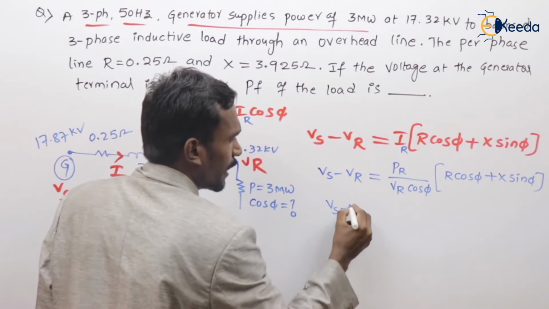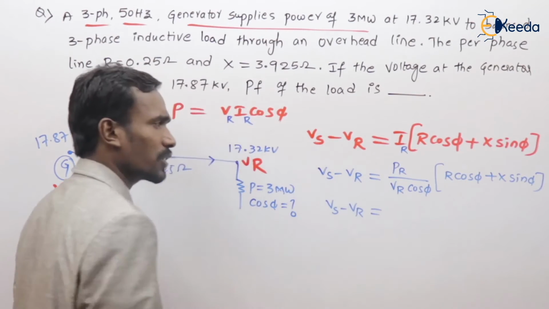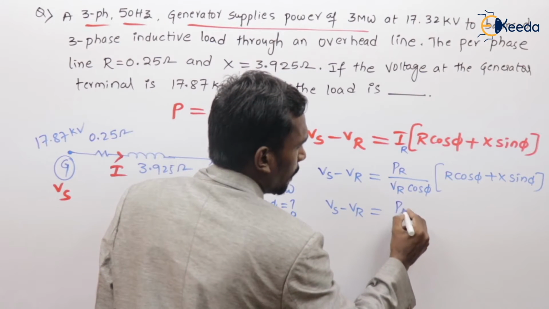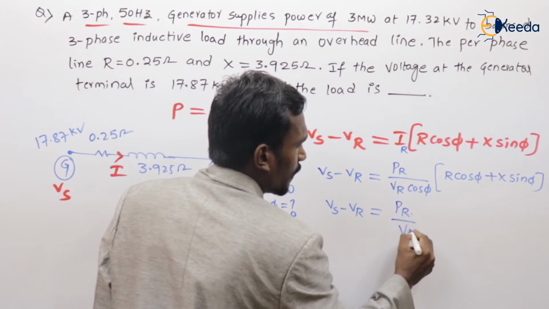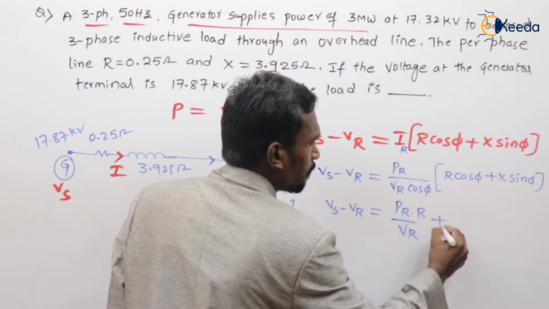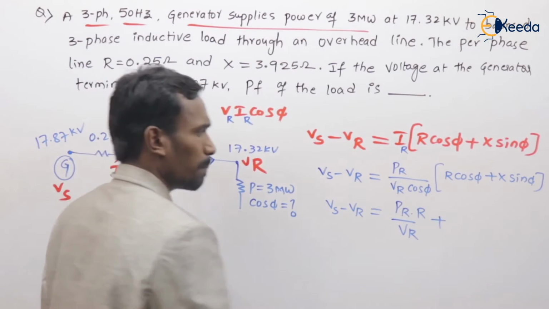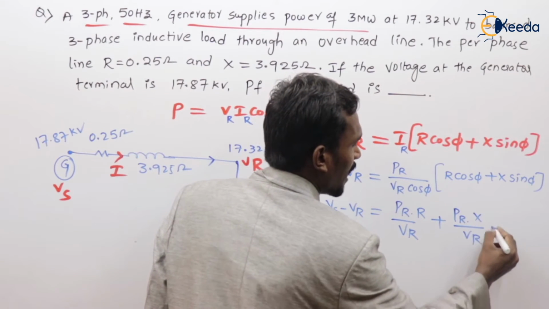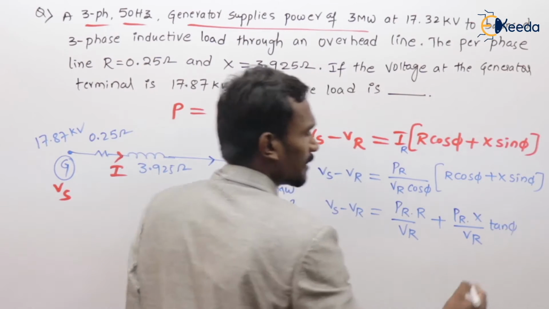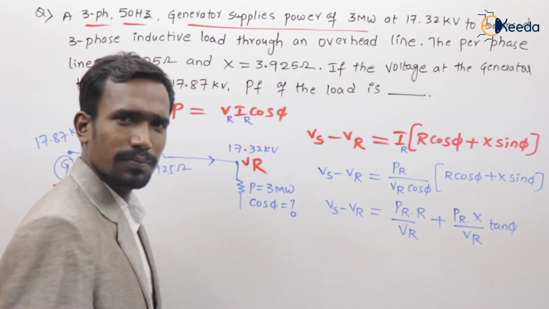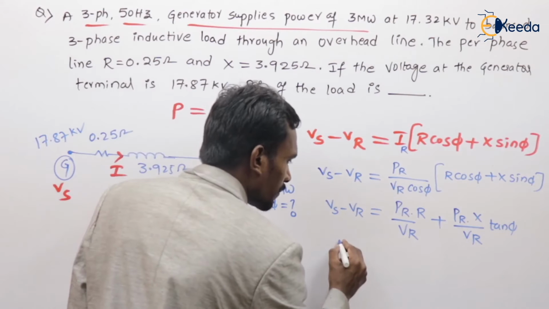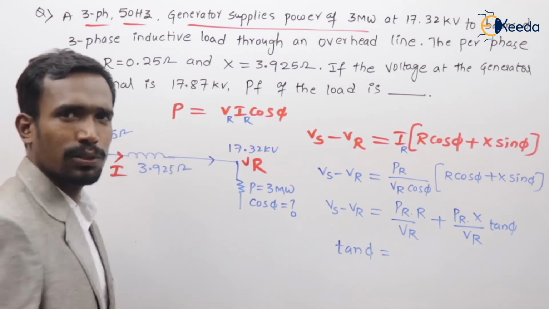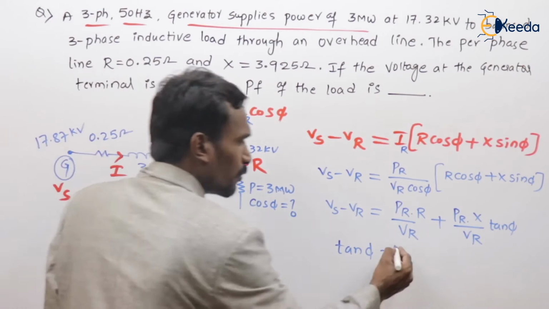Nothing but Vs minus Vr is equal to PR by Vr into R plus PR into X by Vr tan phi. From this we have to find out tan phi by substituting all the values.